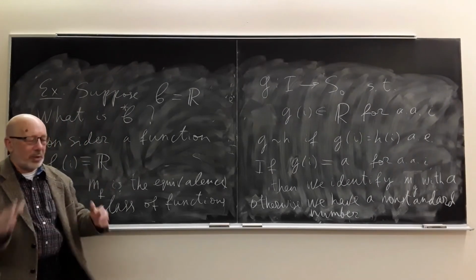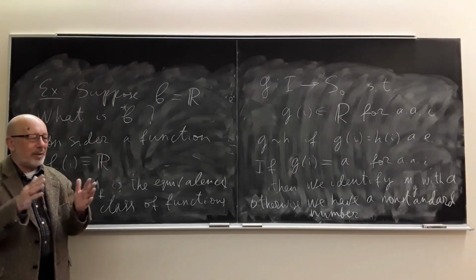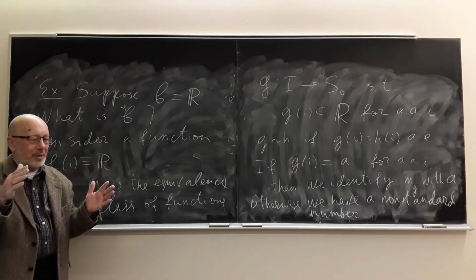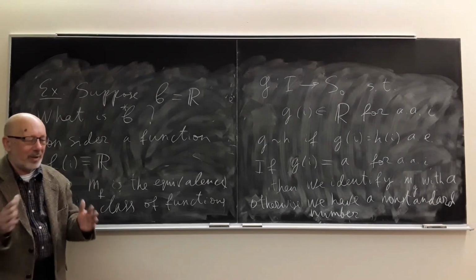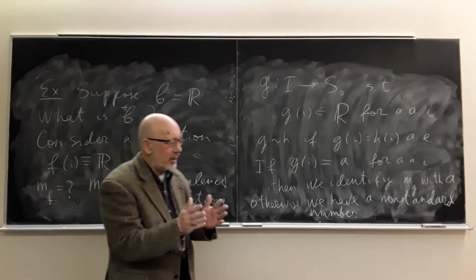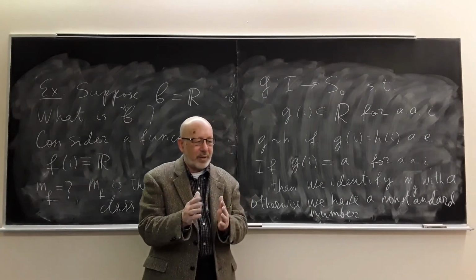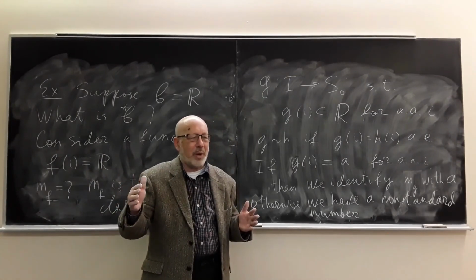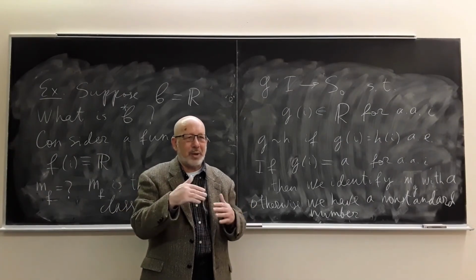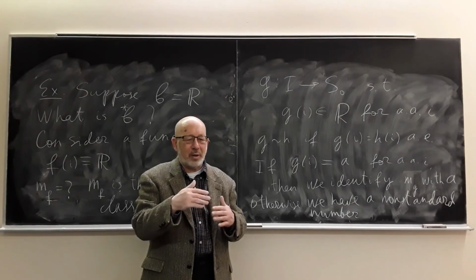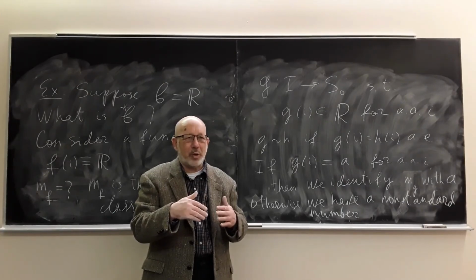We have two sets, one where g is 0 and the other where g is 1. They together give the whole I. But we have a property of ultrafilter, that if I is a union of two disjoint sets, then one of them has measure 0 and one has measure 1.